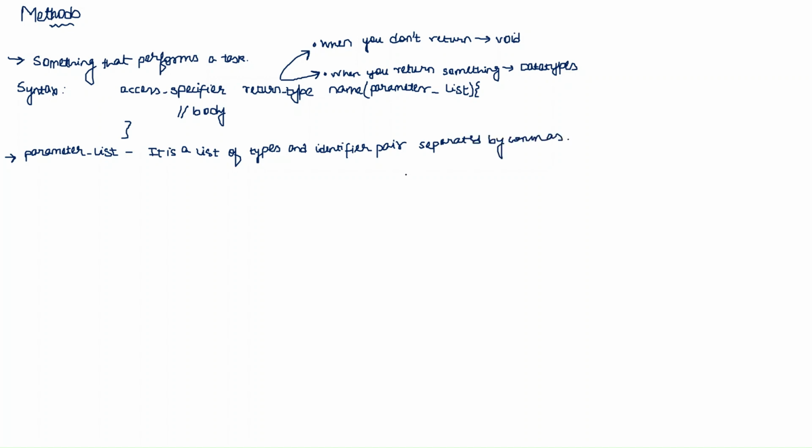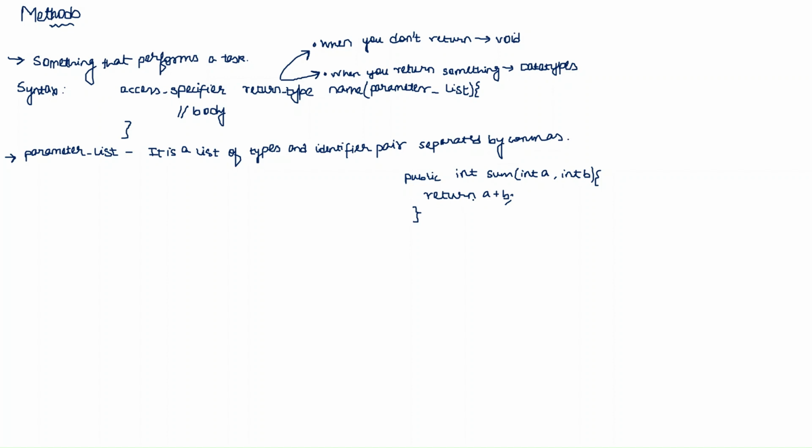So I can write, let's say I have this method which has to return the sum of two numbers. So I'll write public int sum, int a, comma, int b, and then what I'll do is return a plus b.